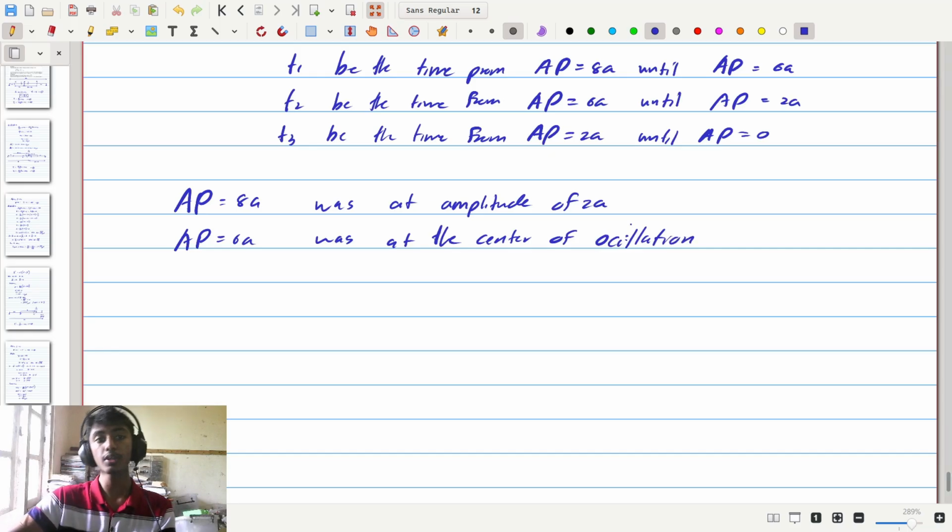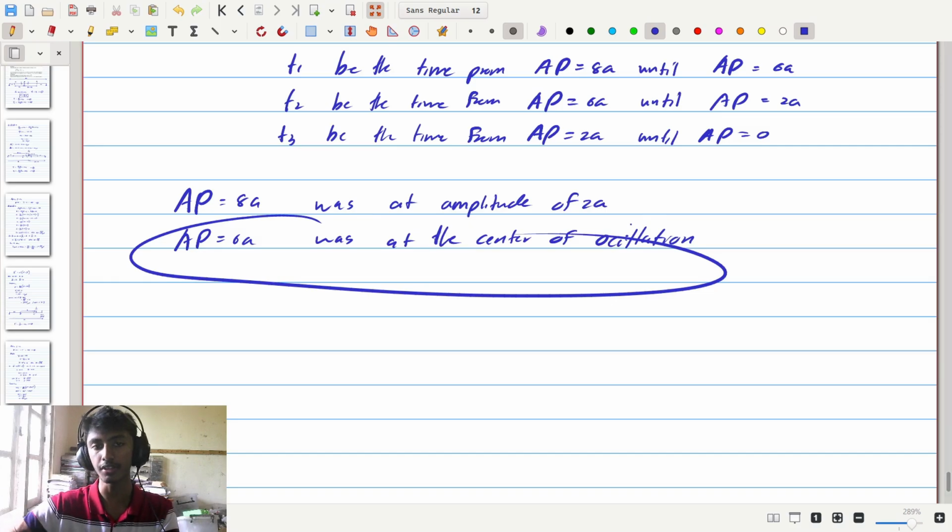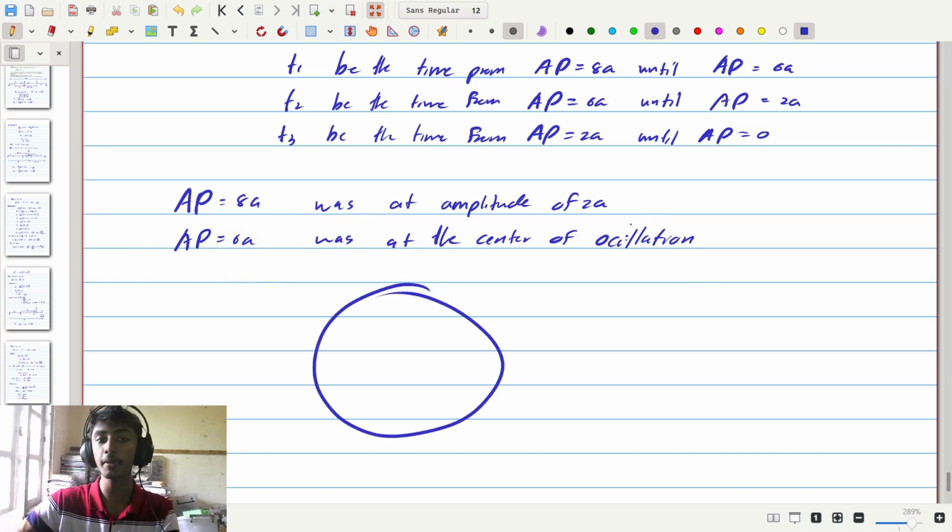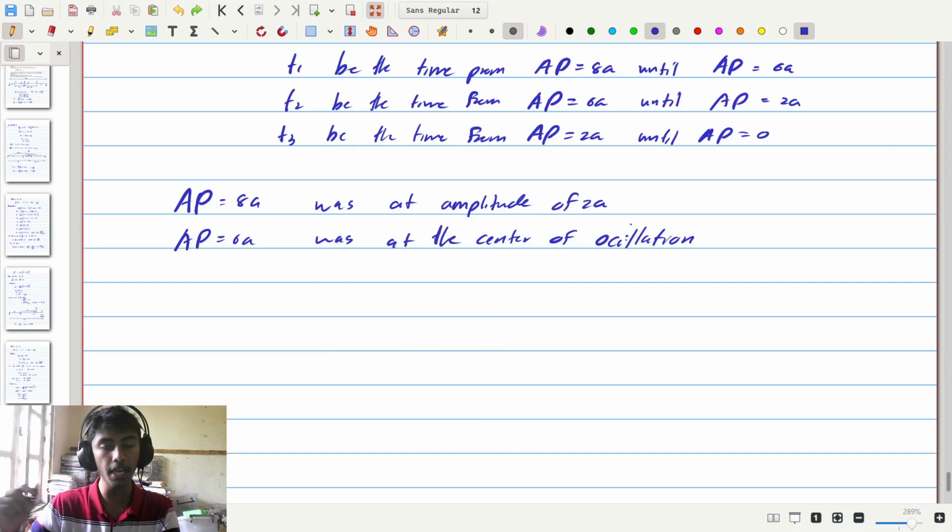So due to this, we moved from an amplitude until we were at the center of oscillation. Now considering the circle and the harmonic motion that we have here, if this is the amplitude and this is the center, then what we did here is basically move 90 degrees along our imaginary circle of simple harmonic motion. And due to this, we covered only 1/4 of the entire period, or 2 pi divided by 4, or pi by 2 radians of our entire rotation.